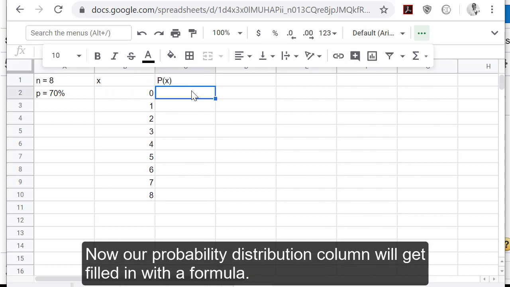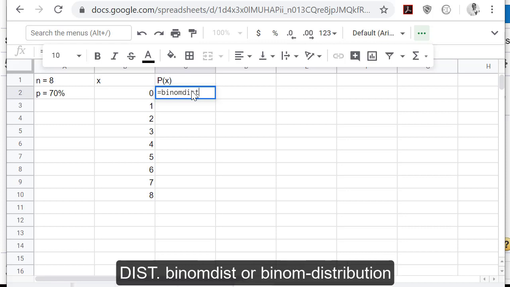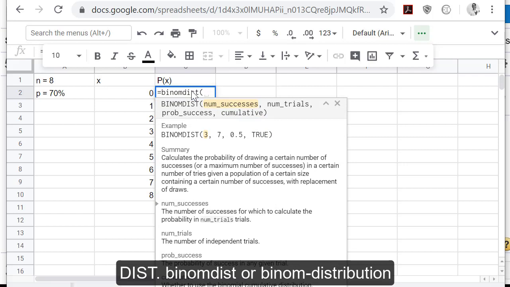Now our probability column will get filled in with a formula. Our formula is going to be BINOM.DIST.